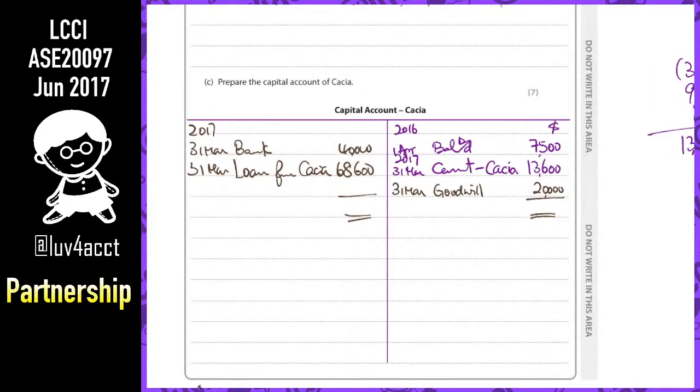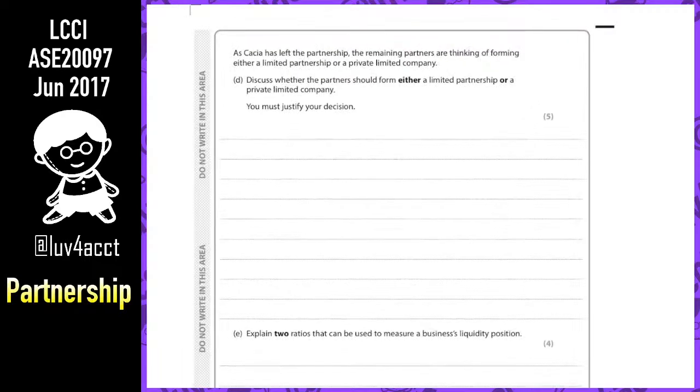Okay, next. A discussion question for 5 marks. As Cassia has left the partnership, the remaining partners are thinking of forming either a limited partnership or a private limited company. Discuss whether the partners should form either.